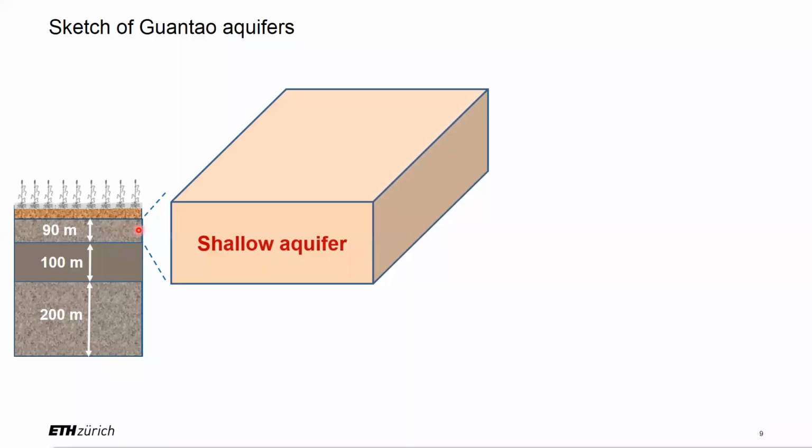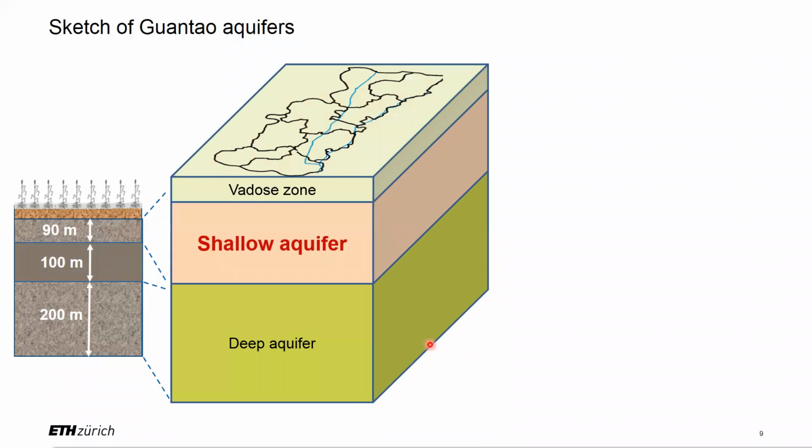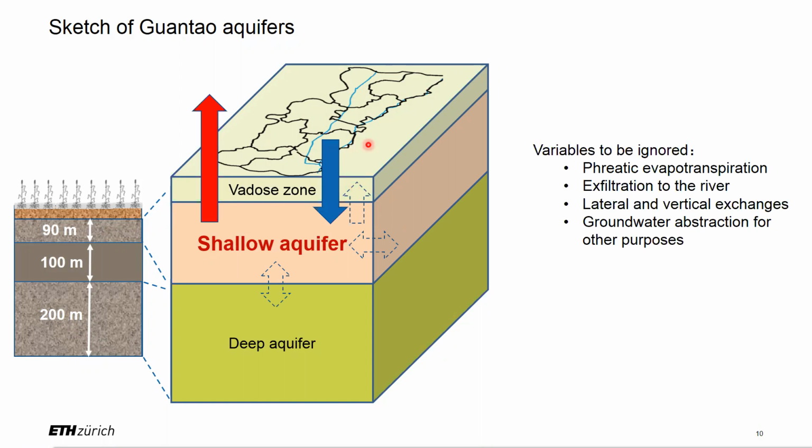To look at the water balance of this shallow aquifer box, we first need to look at the exchange between this box and the other two boxes, the deep aquifer and the vadose zone. What we know for sure is that rainfall and irrigation backflow recharge the shallow aquifer through the vadose zone. And the discharge is abstraction for irrigation, this red arrow.